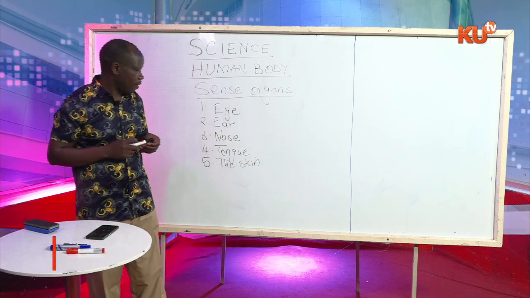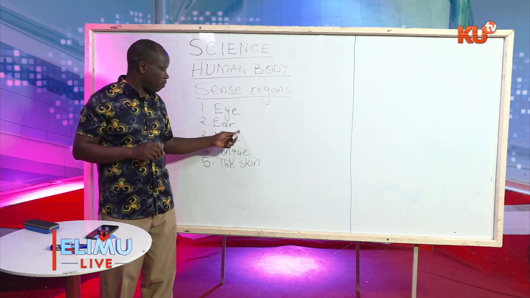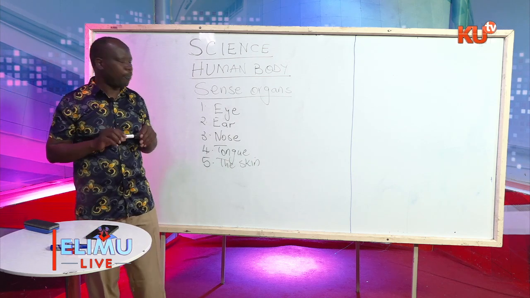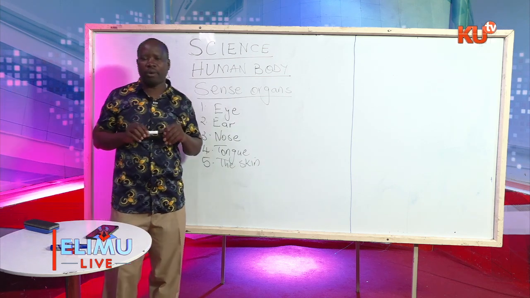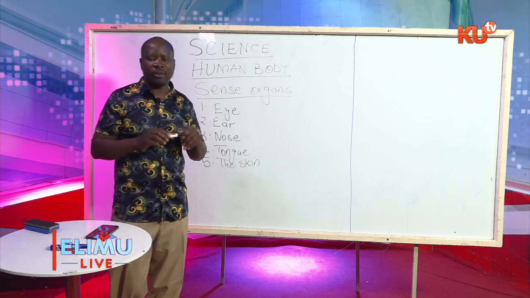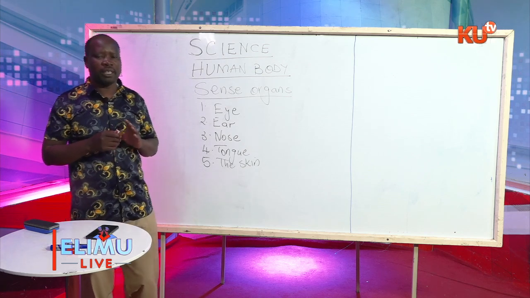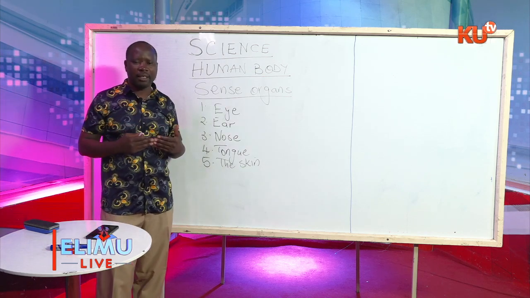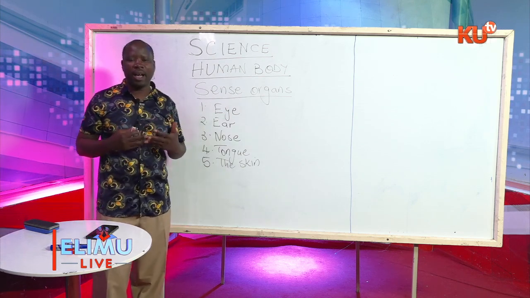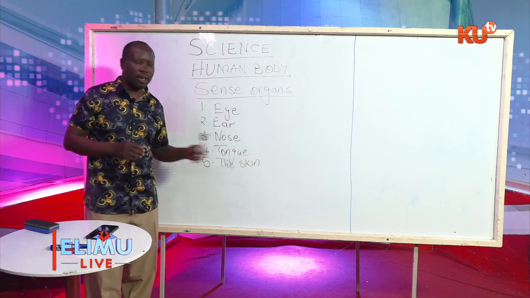Because at the beginning we said these sense organs help us to know what happens within our bodies and what happens around us, where we are, like where I am now.